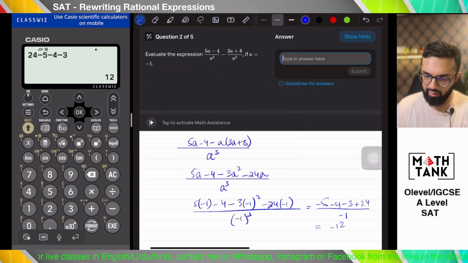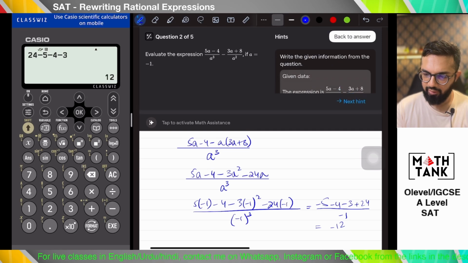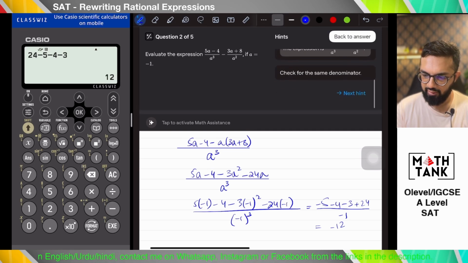Okay, so let's check our working again. If a cube is in the denominator and I cube minus 1. Okay, let's check. I'm not sure what mistake I made.